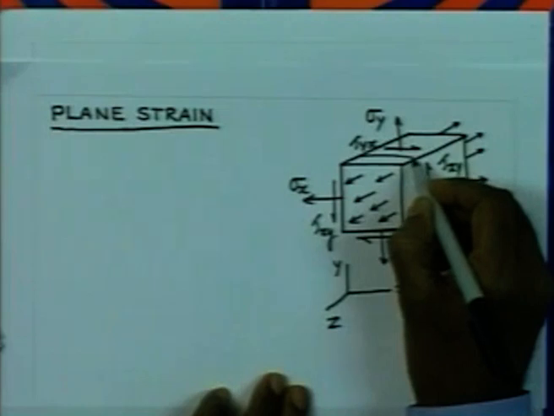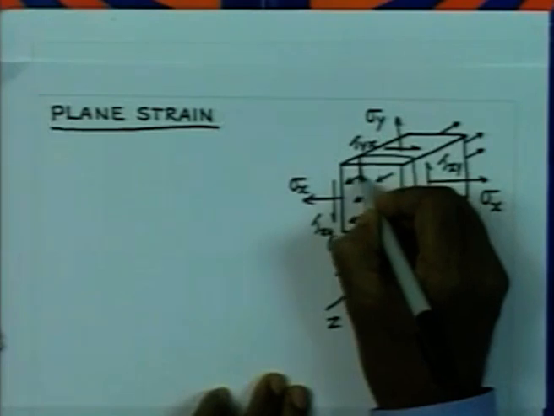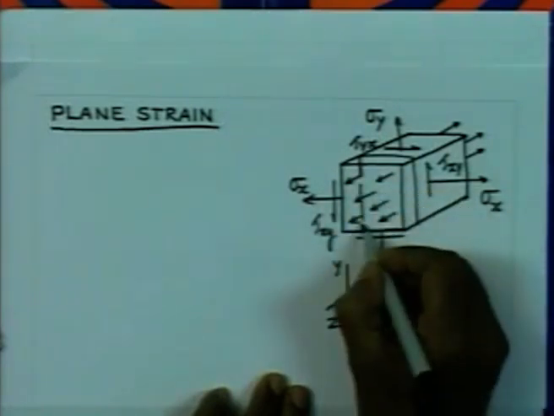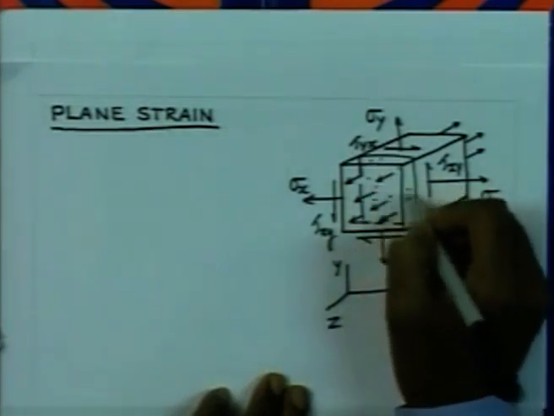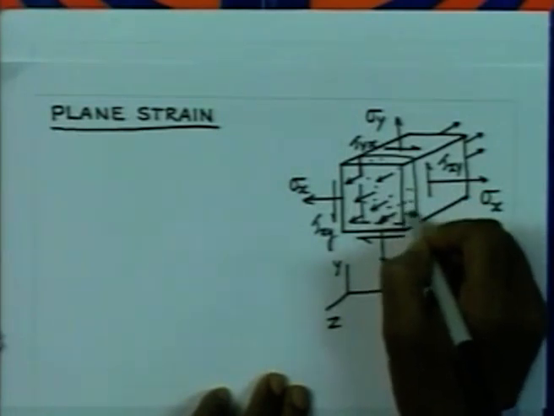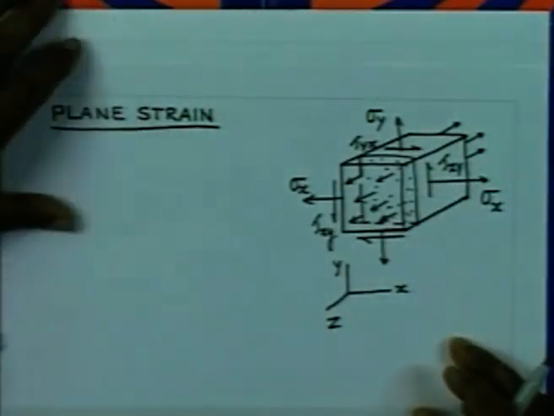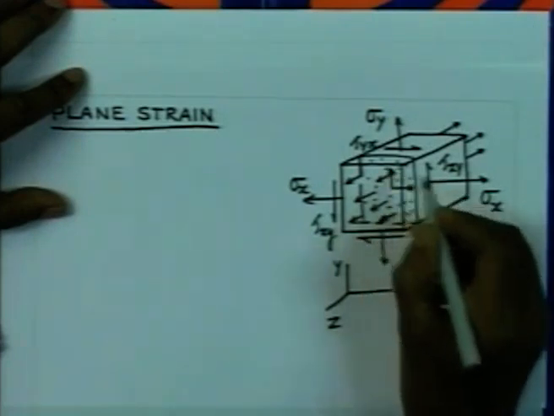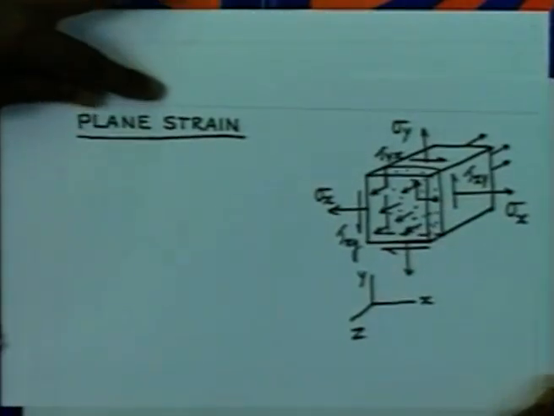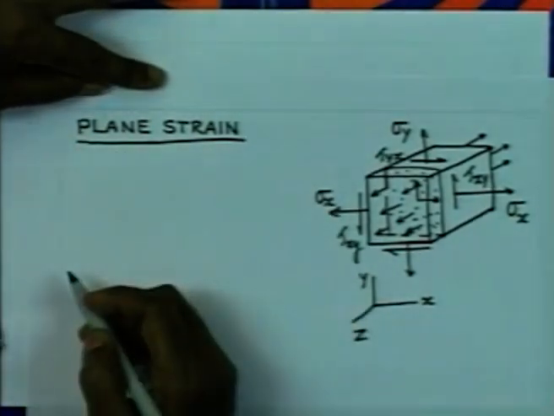So, if you consider a typical plane which is parallel to the xy axis, all the points on this plane will just move in the x and y direction only, and this is a state of stressing which is termed the plane strain condition.